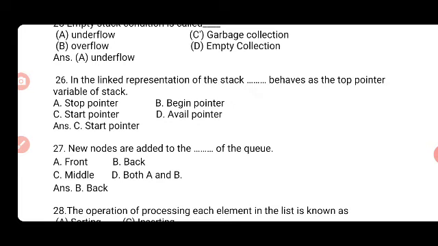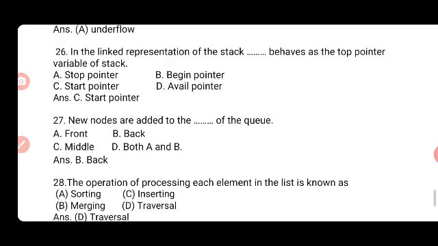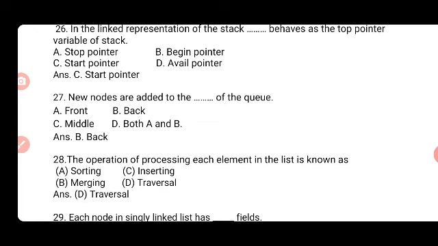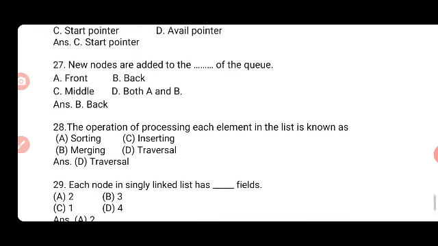So the correct answer to this question is start pointer. Next, question number 27. New nodes are added to the dash dash of the queue. In a queue, elements can be removed from the front side, whereas new elements or new nodes can be added from the back side. So option B is the correct answer to this question.